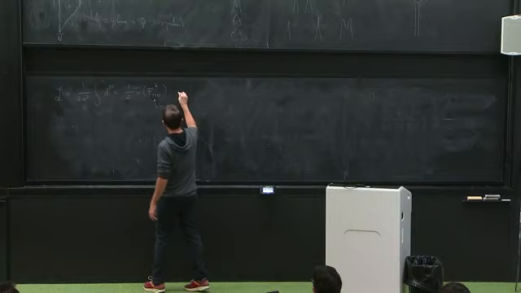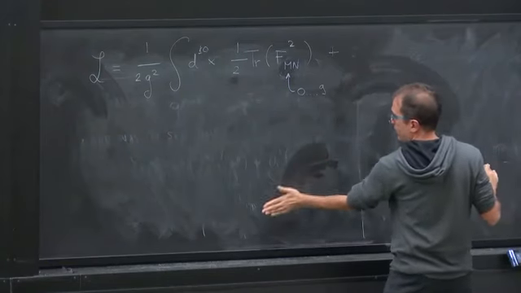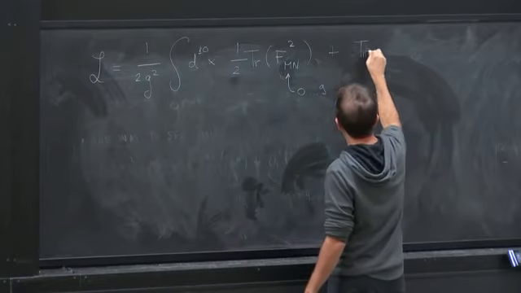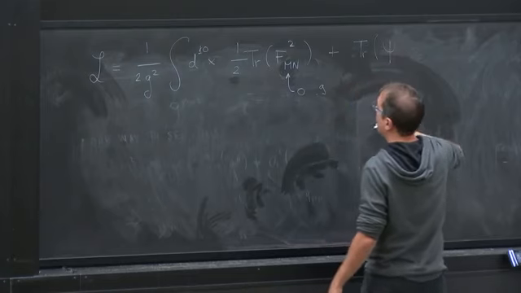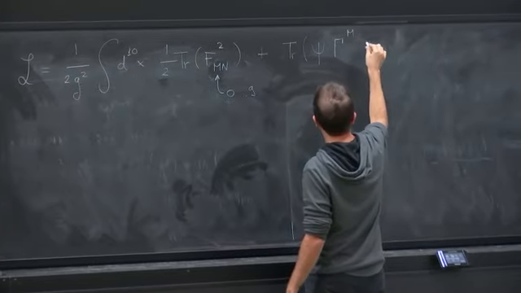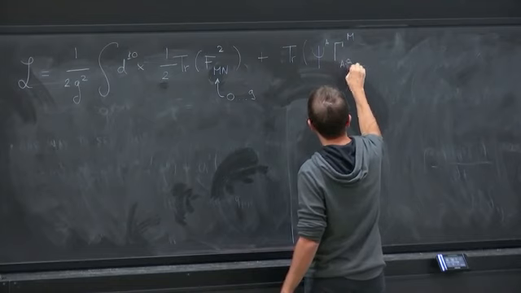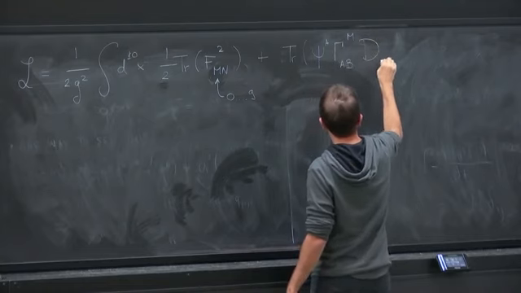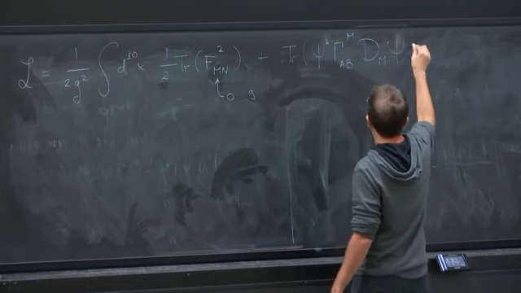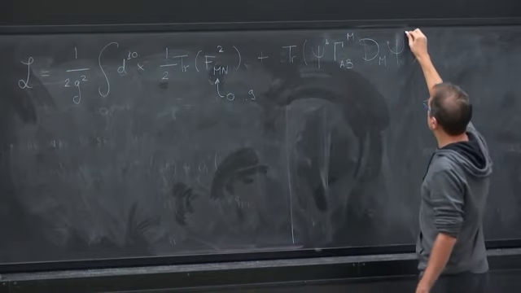Plus, and then in superstring, there are bosonic and fermionic degrees of freedom. The fermion ones would be trace of psi, gamma M, psi, with gamma^M_AB, D_M psi_B.